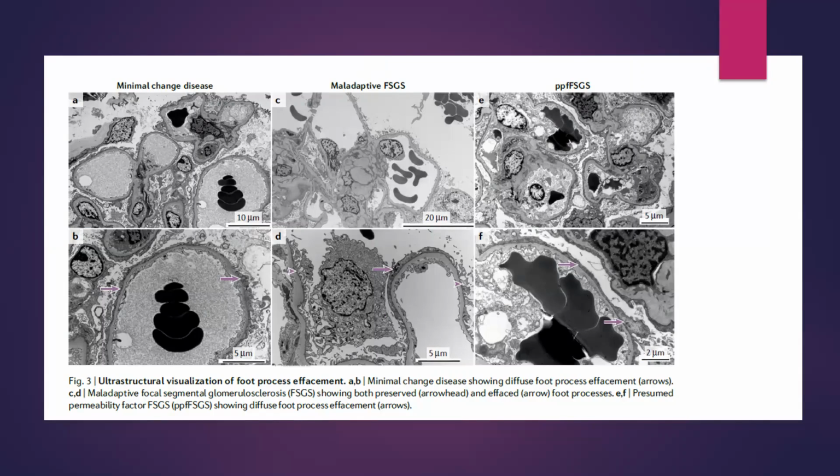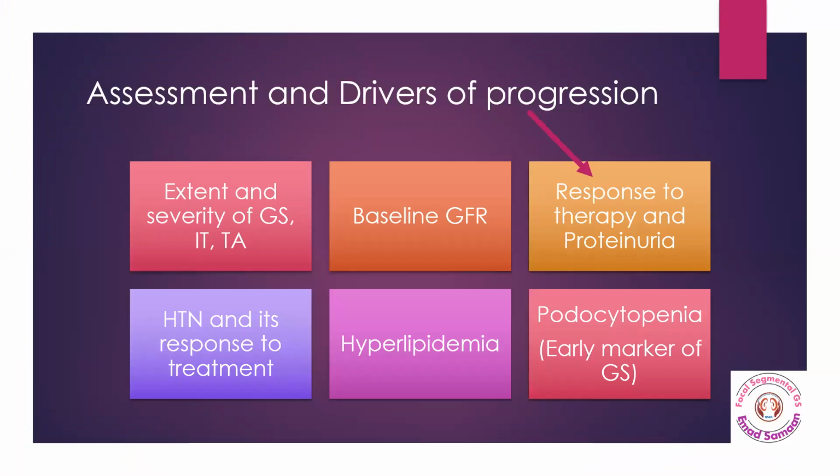So light microscopy should be augmented by electron microscopy. And if we try to know what the drivers of progression are, how can I assess my patient? Is the prognosis only related to the histopathological presentation? The answer is no. Those are the drivers of progression.